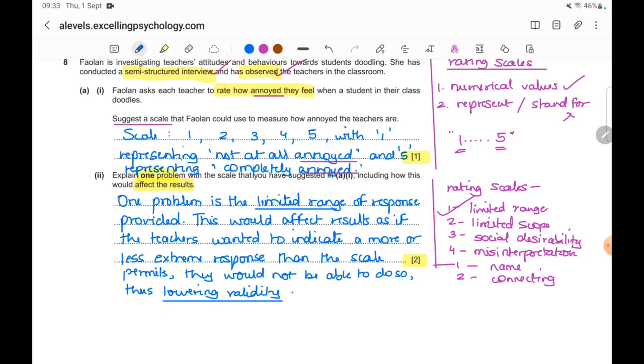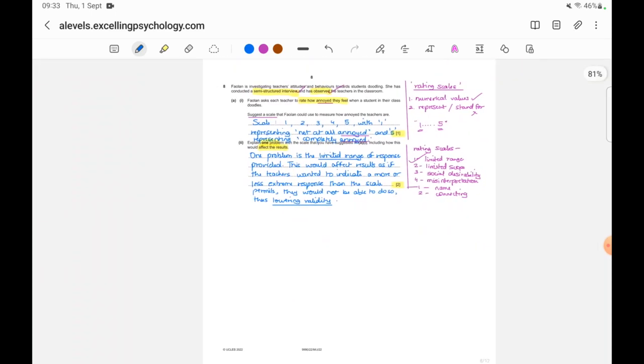Okay, because if participants have something in mind, they are not able to truthfully express it. So we are saying that validity is lowered.